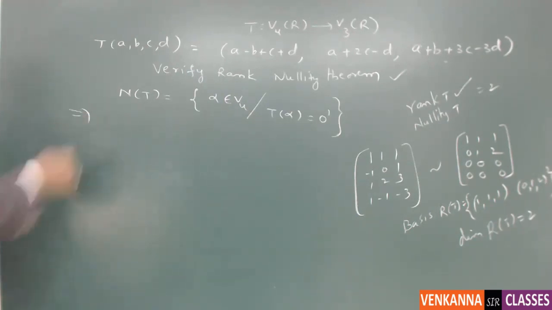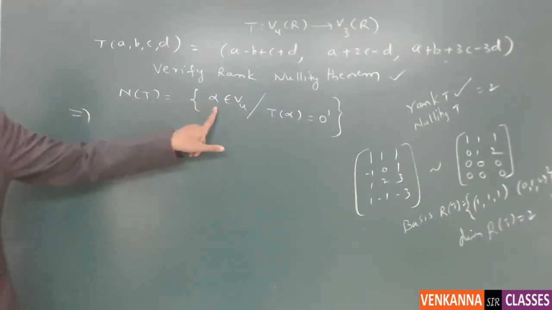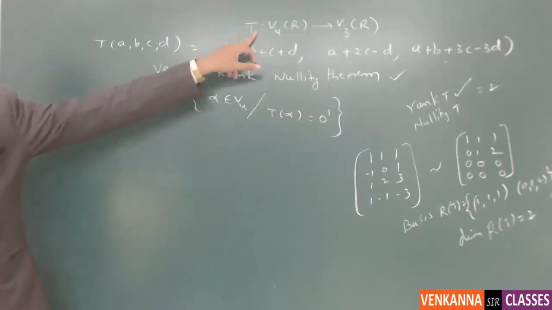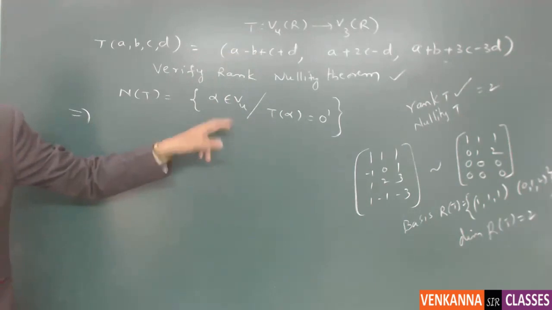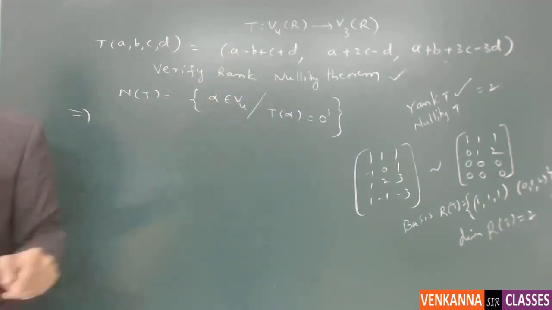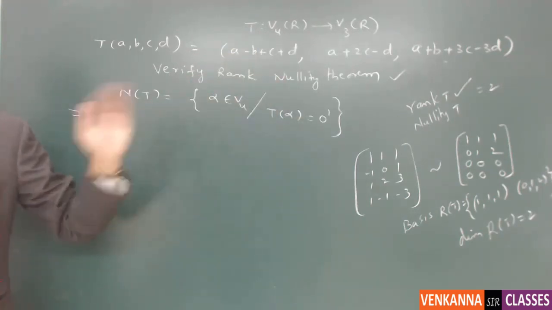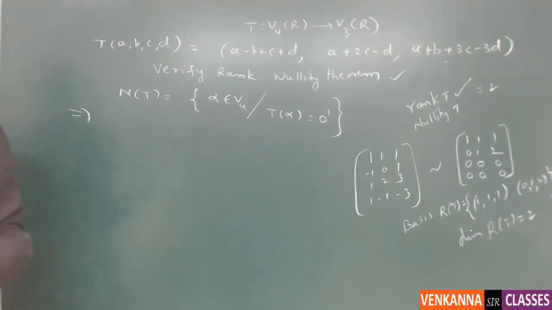So, what is alpha here? Any vector in the domain for which its image should be 0. Those things you are taking under N of T. So N of T gives that you are counting what are the vectors in the domain set whose image is becoming 0.